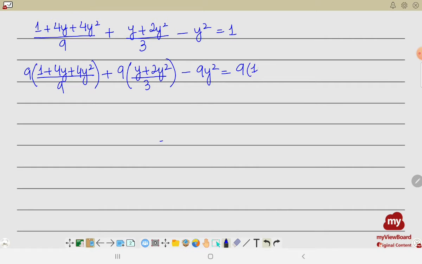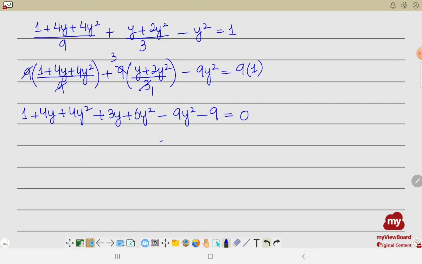So 9 into 1 is 9. 9 will get cancelled, so you are left with 1 plus 4y plus 4y square, 3 times, and then 3y plus 6y square minus 9y square, and we'll take this 9 to the other side. It will become minus 9 equals 0.